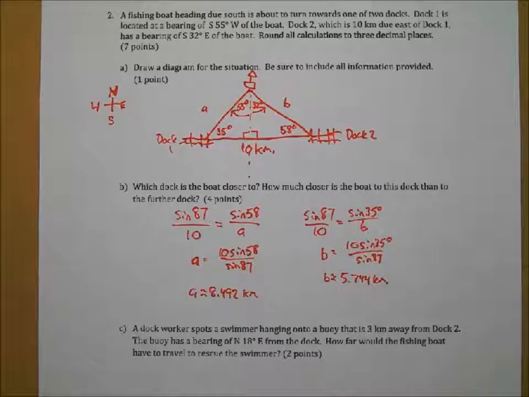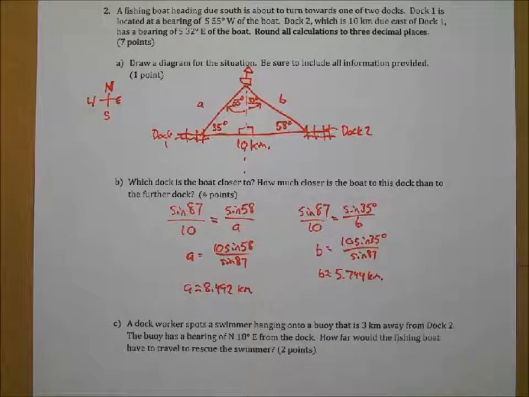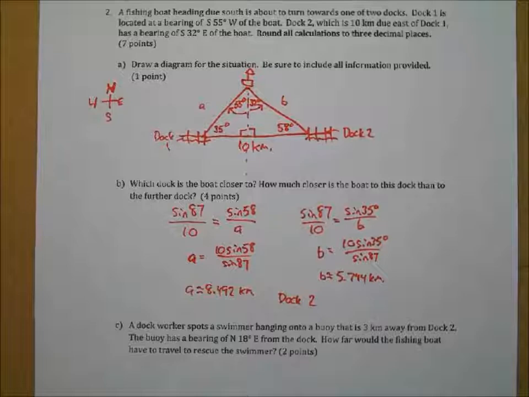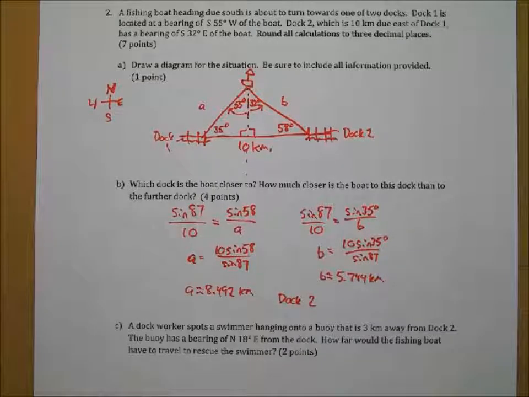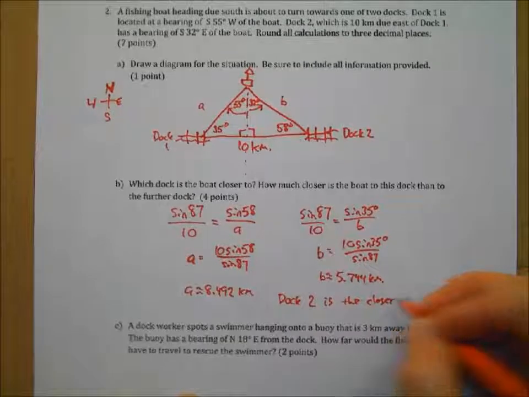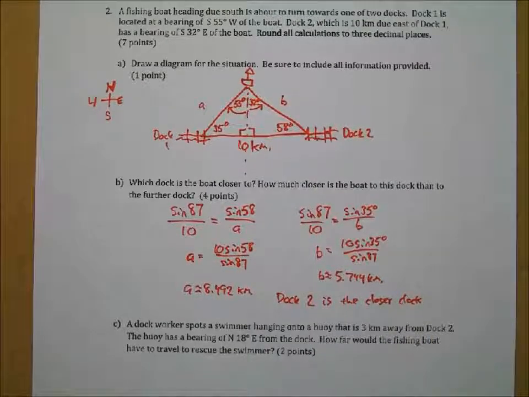So, which dock is the boat closer to? Dock 2 is the closer dock. How much closer is the boat to this dock?